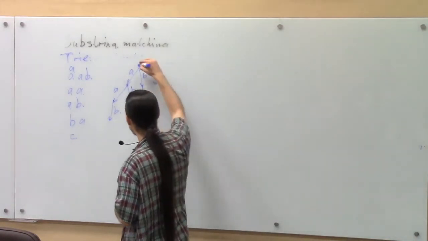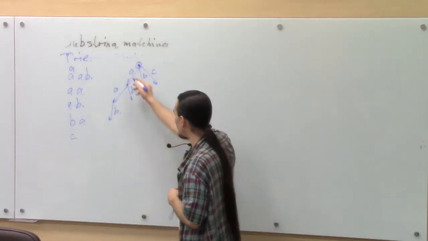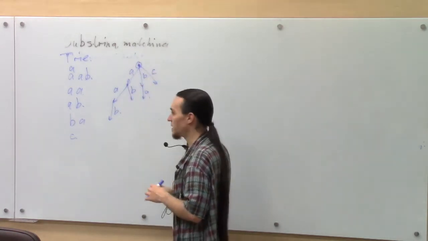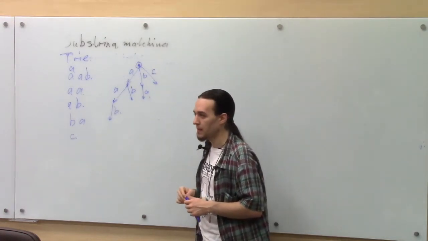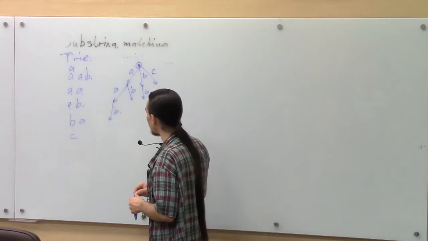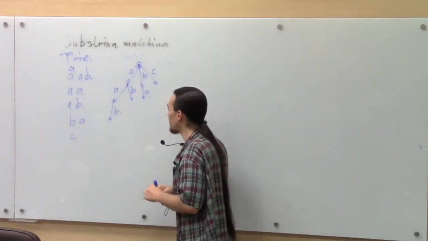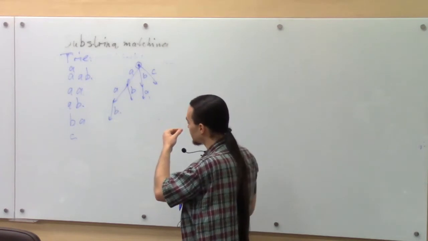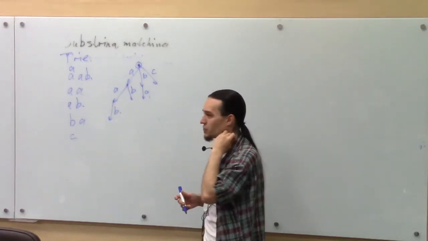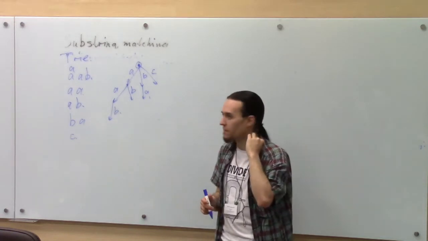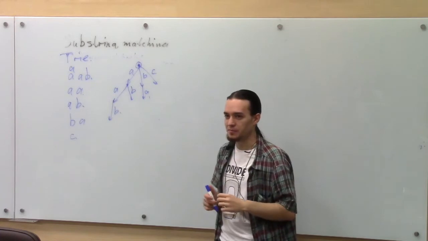So what that means is that for every node, we want all these arrows to have different letters, right? And by this we have everything unambiguously. So if this is a dictionary, then one thing that we would probably want to do is to check if a particular word is in the dictionary, right?